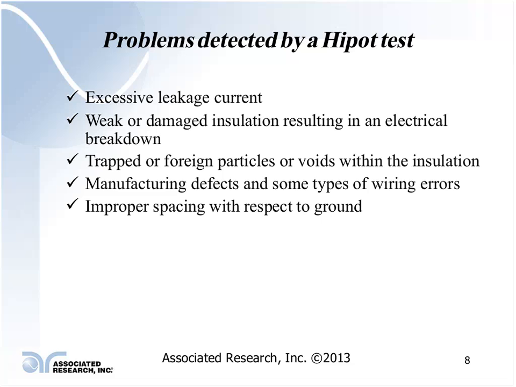Under certain conditions, it could be lethal. Depending upon the path of current, what if that person that happens to come in contact with that product is maybe wet? Maybe they just came in from a rainstorm and came in contact with a product, or they're using that product outdoors.